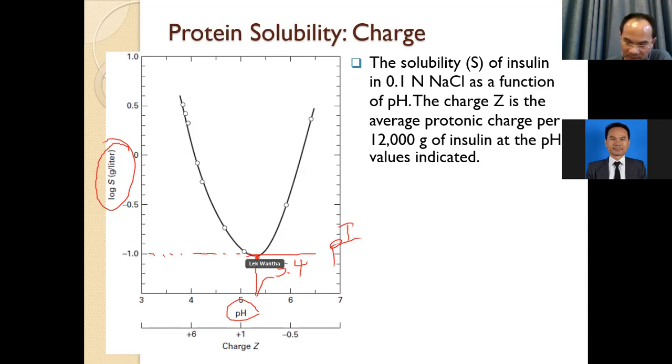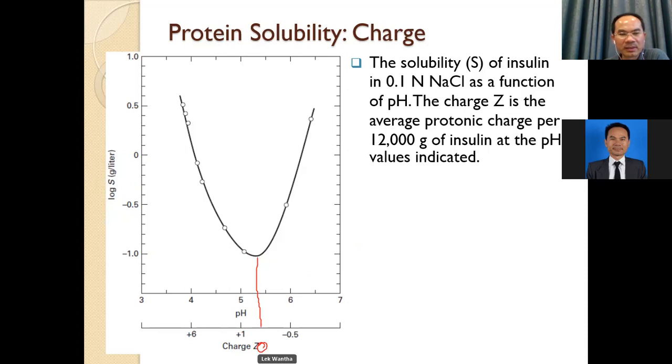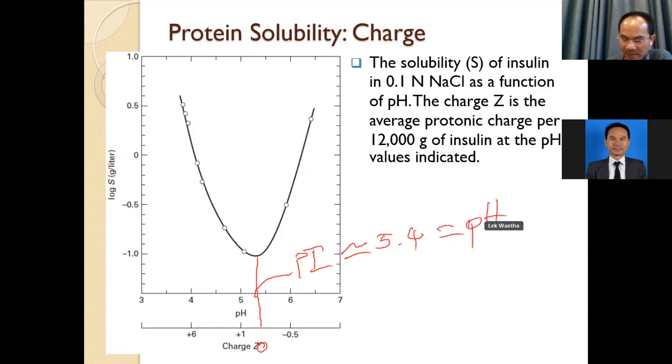This is the minimum solubility, and it corresponds to 0 charge. At 0 charge, at minimum solubility, we call this the pI, approximately 5.4. This is equal to pH 5.4. At pH 5.4, the solubility of insulin in 0.1 normal sodium chloride in water is minimum.